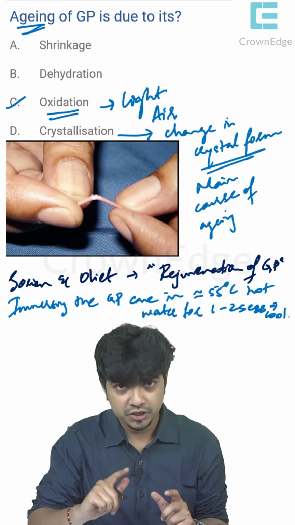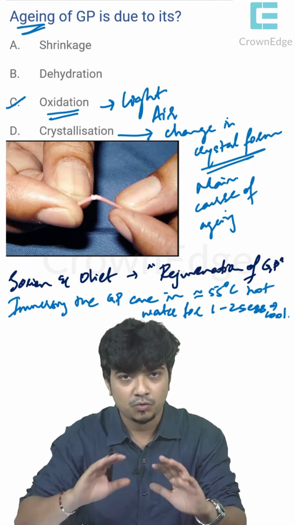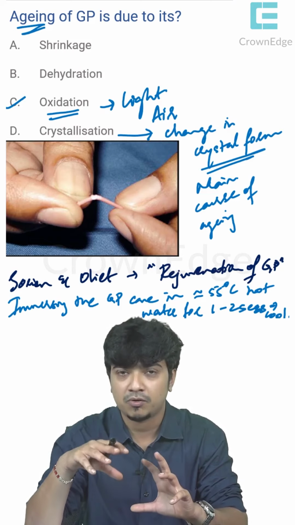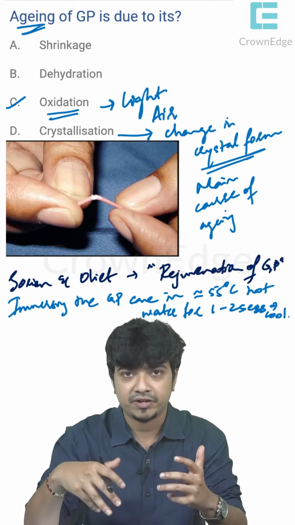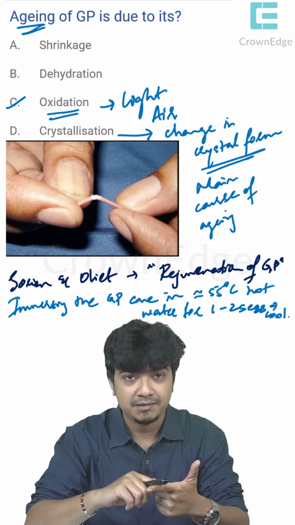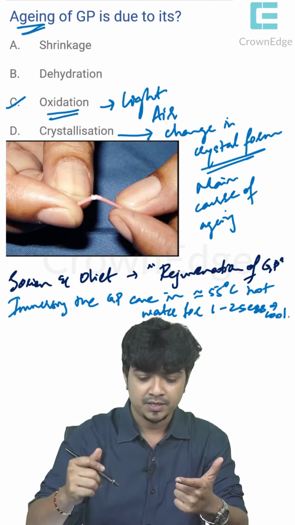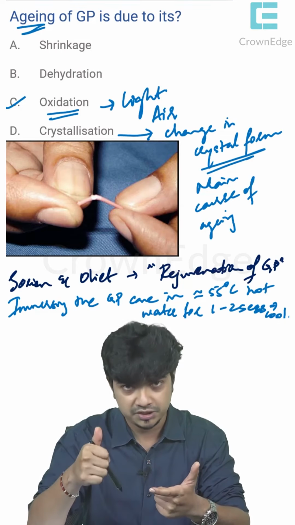It is known as rejuvenation of gutta percha, and it involves placing the brittle GP in hot water at approximately 55 degrees Celsius for approximately 1 to 2 seconds, and then rapidly cooling it down, which makes it fragile again. So this can be another MCQ that can be asked, regarding rejuvenation of gutta percha. So what is the cause? The cause of aging of gutta percha is oxidation.